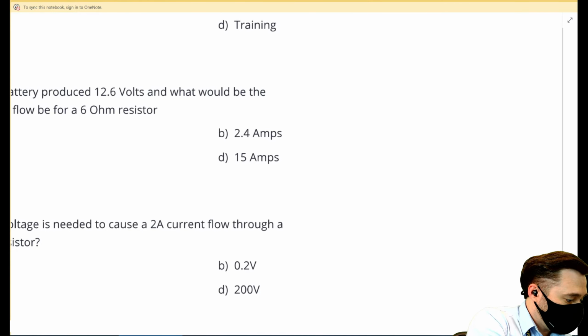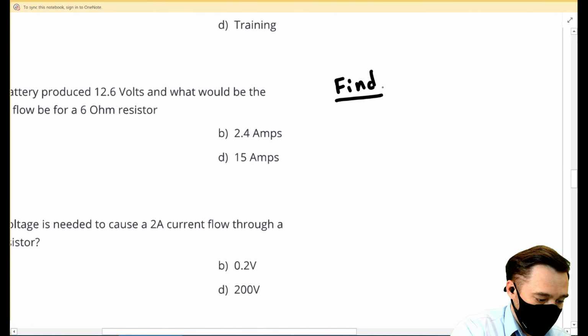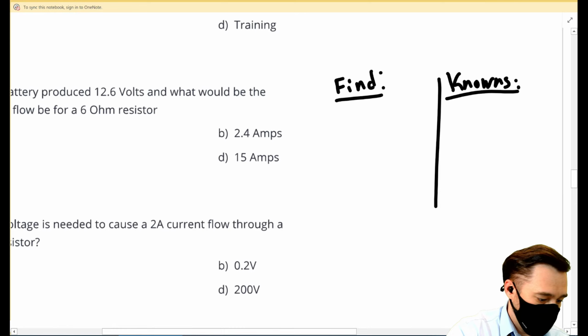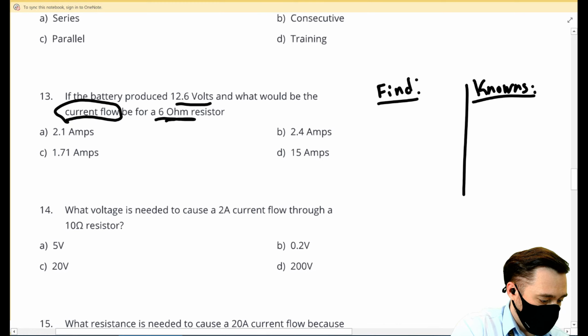So that's our find. All right. So if a battery produces this many volts, what would the current flow be for a 6 ohm resistor? All right, so the current flow.